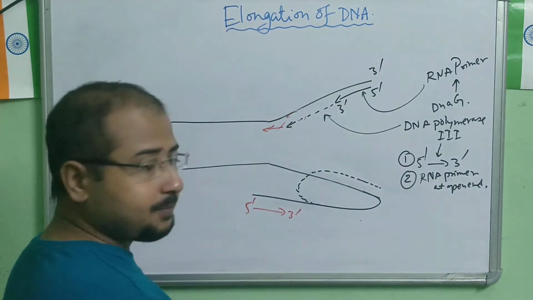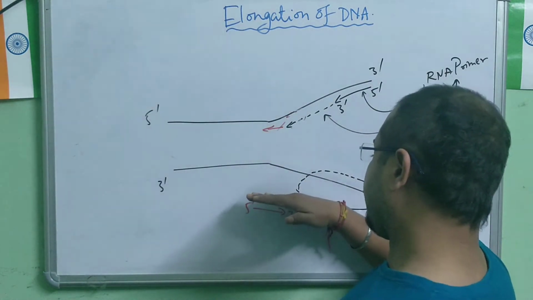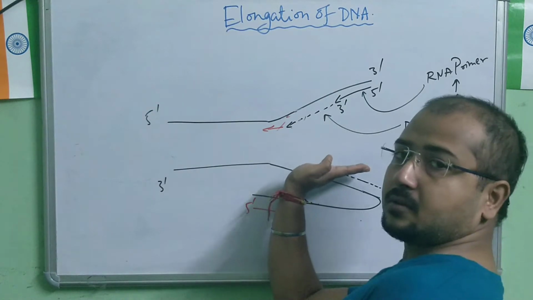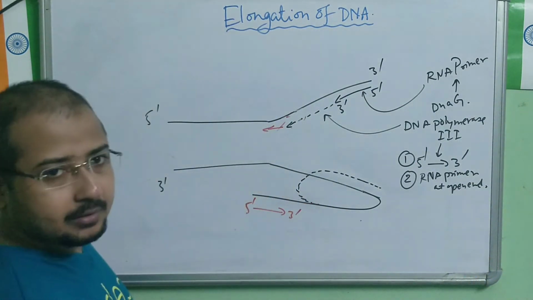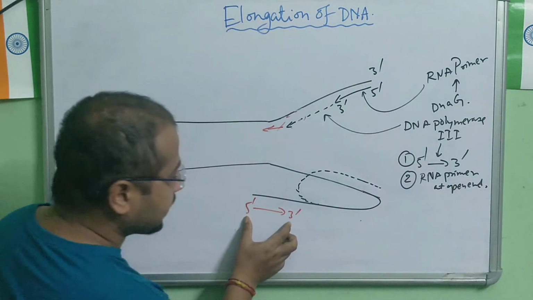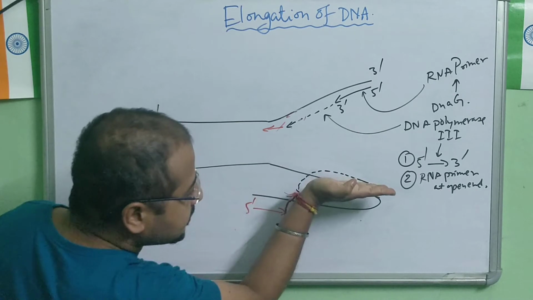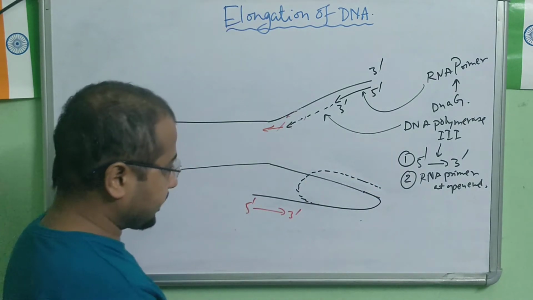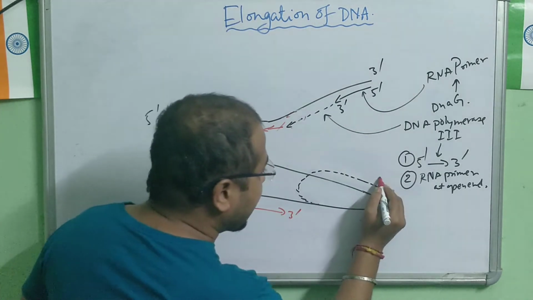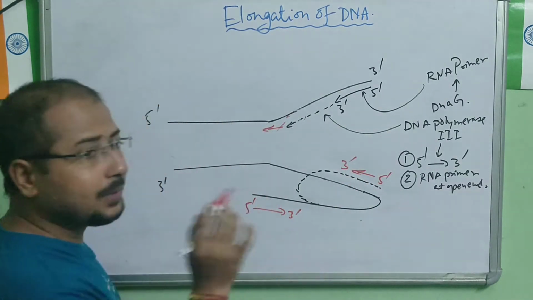If it turns like this, the 5' will be at this location. So now the primer will be in this direction.